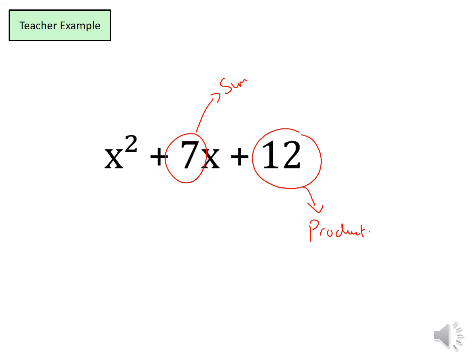Now because my first term is going to be x squared, I know in my first bracket I'm going to have an x, and in my second bracket I'm going to have an x, because when I multiply this out, x times x will give me this x squared. I then need two numbers that give me a sum of 7 and a product of 12 to complete my brackets.